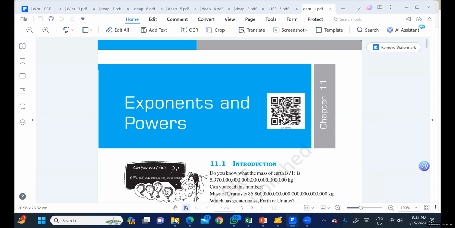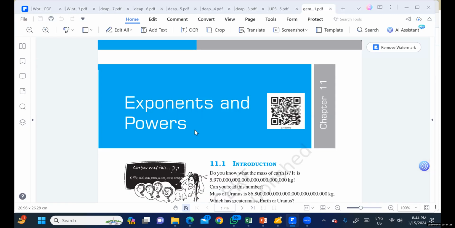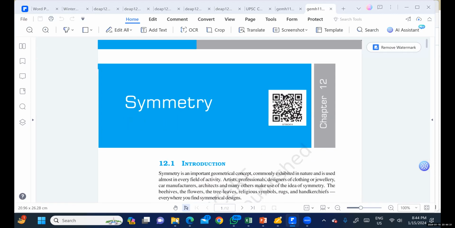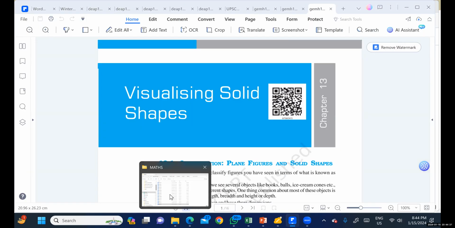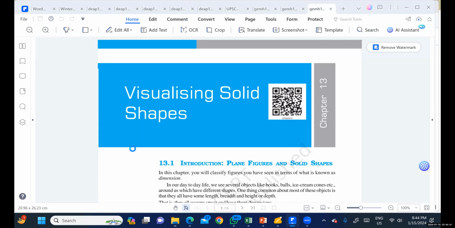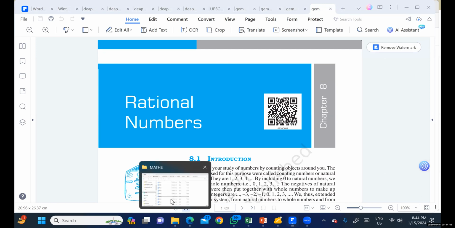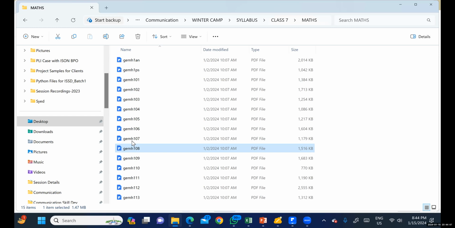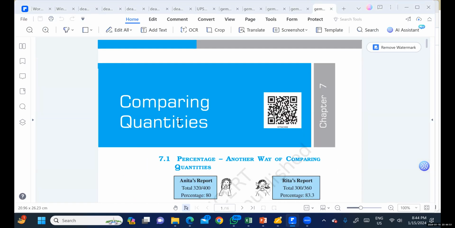The exponents and power. Symmetry. Which chapter is that? Sir, in my book it's chapter 7. Yeah, good.